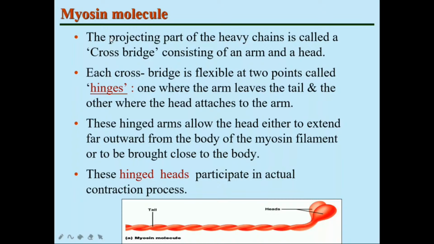The cross bridge consists of an arm and a head. So this is the head, and this is the outward bending portion of the heavy molecule. This is the arm. So there is a head, there is an arm, and there is a tail. These are the physical parts of the myosin molecule.